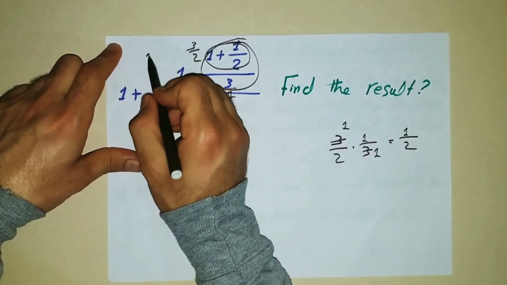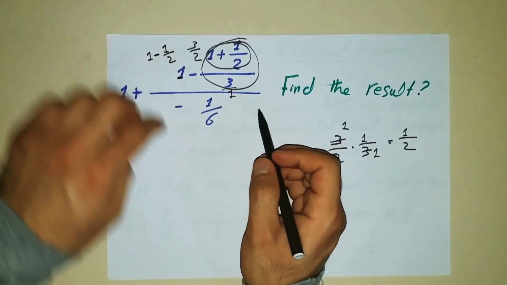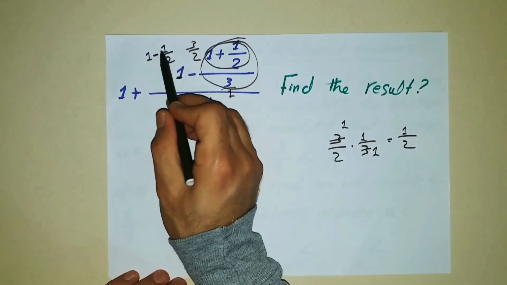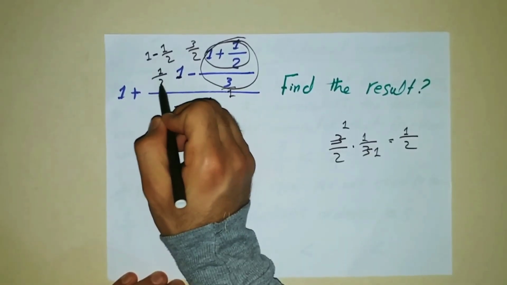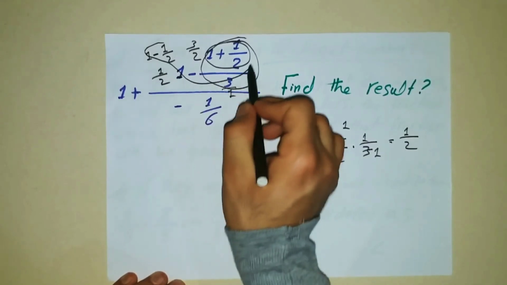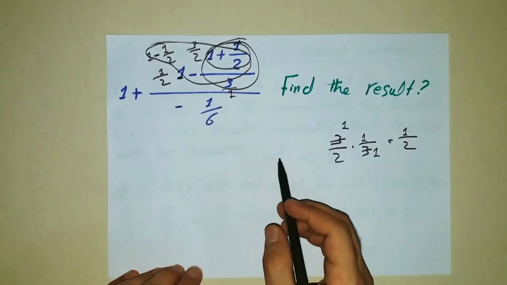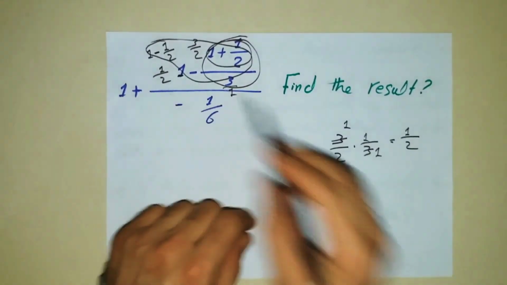Now this question has changed to 1 minus 1 by 2. Now I will solve this one. So first I will multiply 2 with 1 and minus 1 will give me again 1 by 2. This is finished. Now the question is 1 by 2 divided by minus 1 by 6. Now I will do these two fractions and at the end I will do this one.